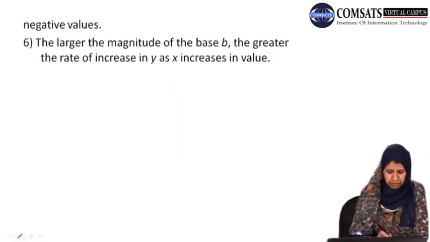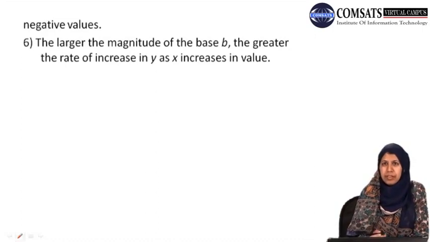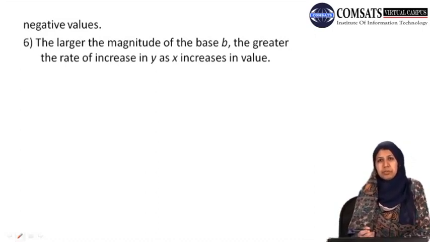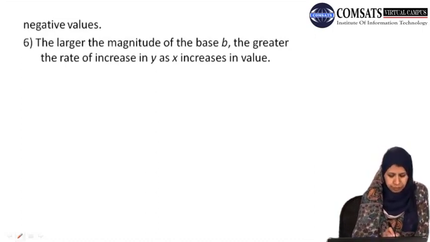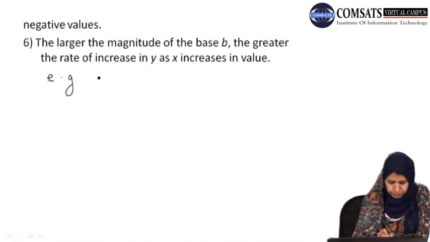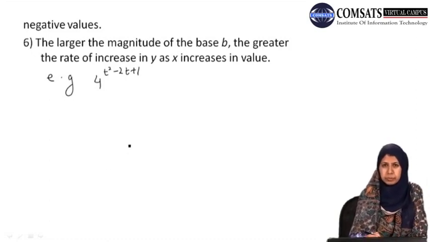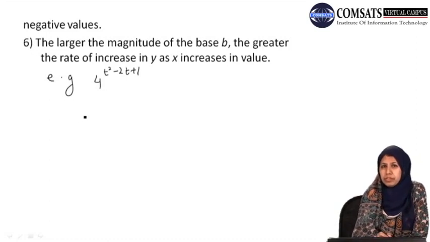Now let's quickly revise or test ourselves to see whether we have clearly understood the concept of exponential functions. For example, if we have 4 to the power t square minus 2t plus 1, is it an exponential function with base b equal to 4 and power t square minus 2t plus 1?